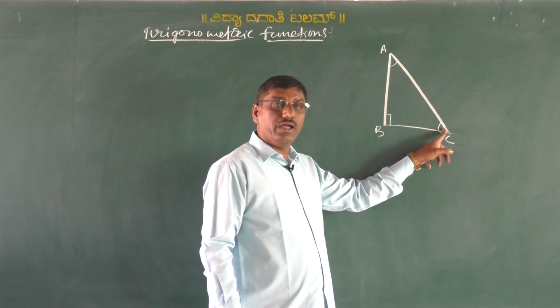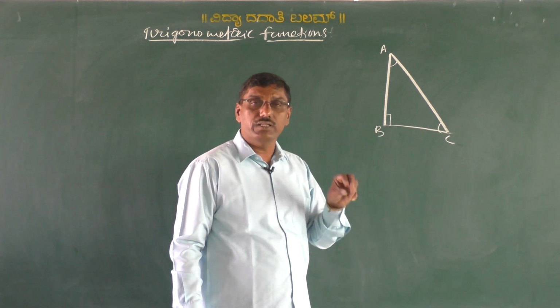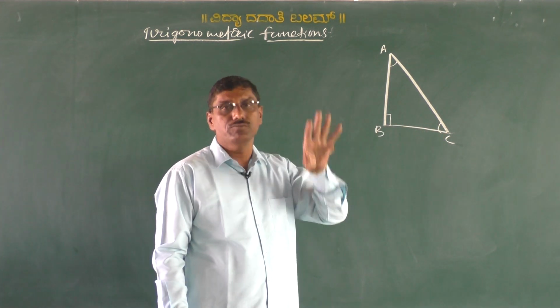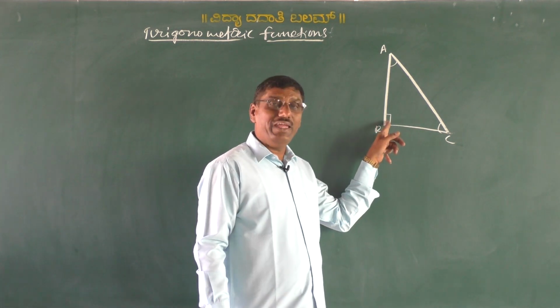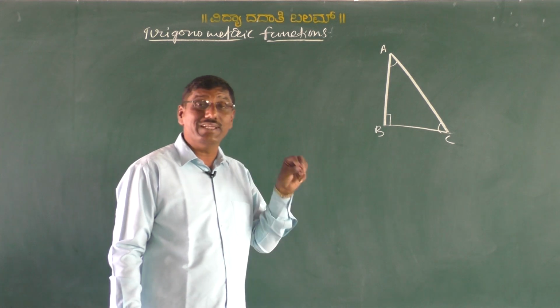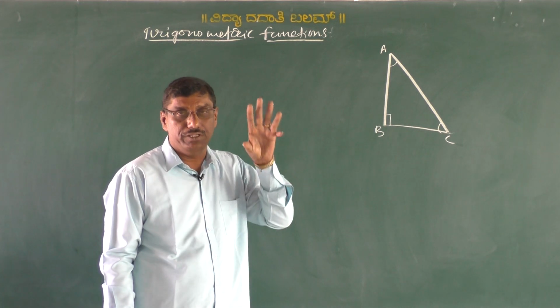Now consider angle C is an acute angle, that means less than 90 degrees, isn't it? Angle B is a right angle, that is angle B is equal to 90 degrees.